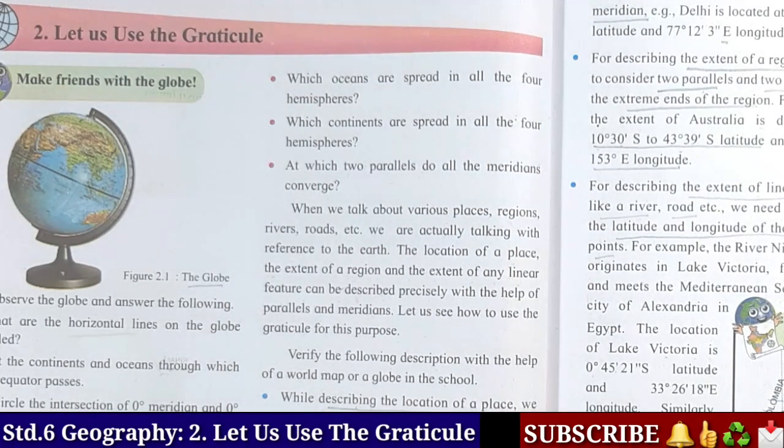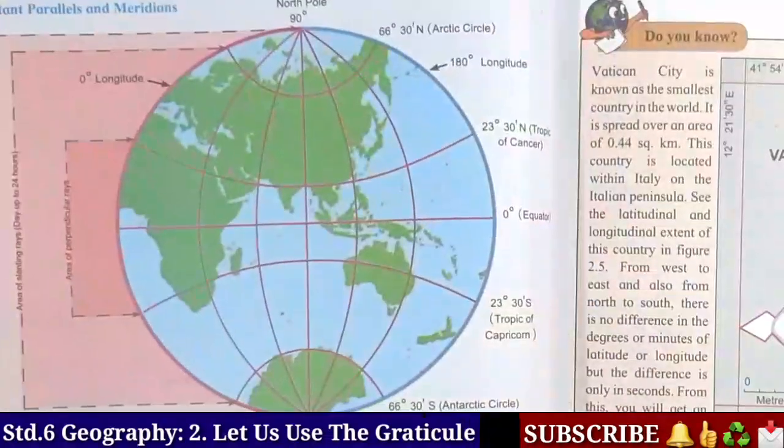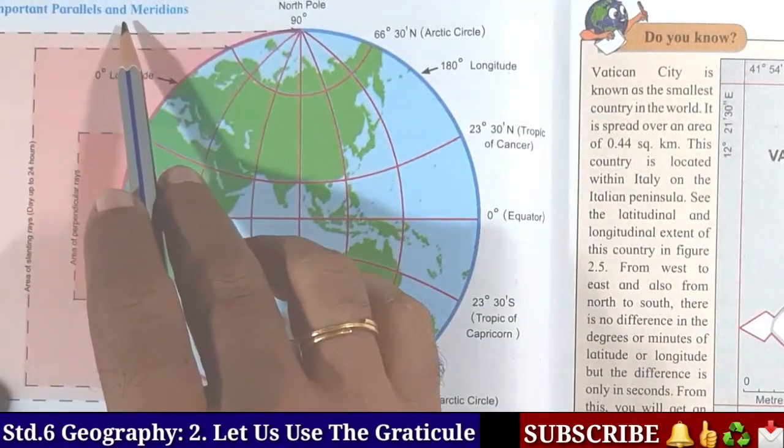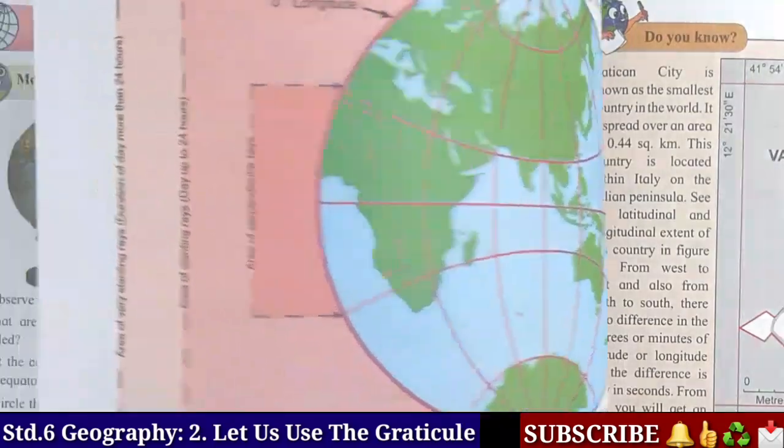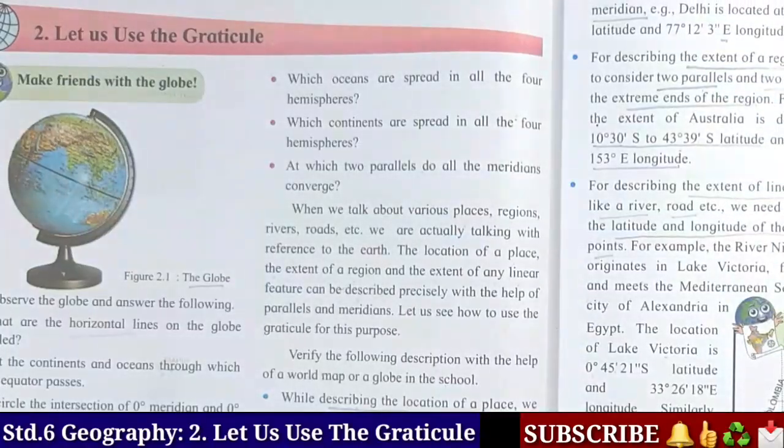Okay, students, have you understood? This is very important, and it is somewhat complicated, so I have used the map so you can understand it very easily. The rest of this chapter, that is using the graticule, important parallels and meridians, we shall study in the next video.